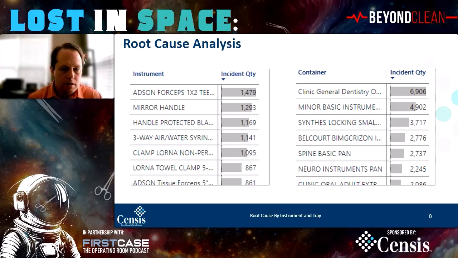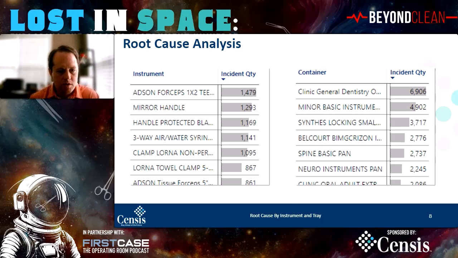And it doesn't require the OR to do anything drastically different, right? It's a matter of having a conversation with the staff, giving them visibility to the metrics in some way. And it doesn't have to be through software.